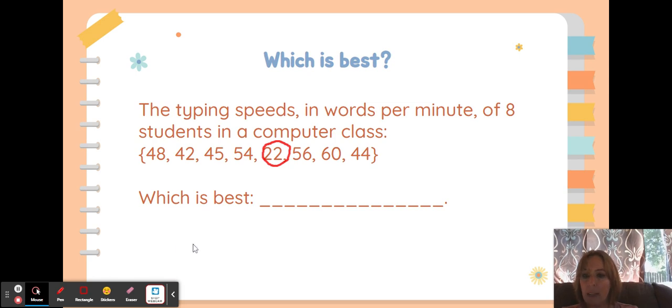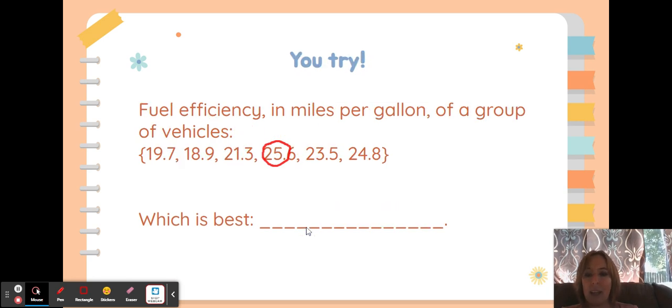Nope, it won't let me go back. So remember when we talked about it, look at your notes. If there's an outlier, we can't choose mean, but we can choose the median. Anytime there's an outlier, median's the best choice. Good job.